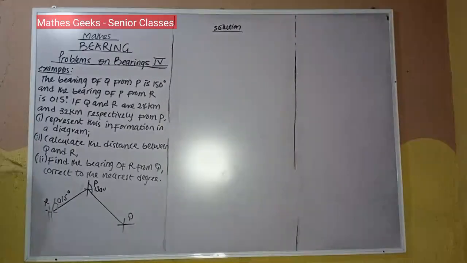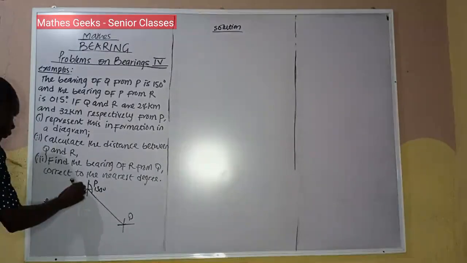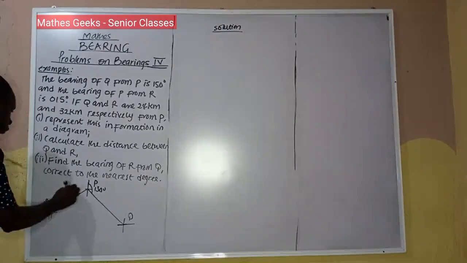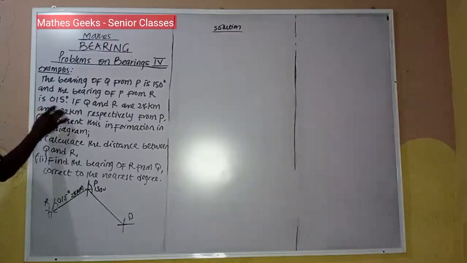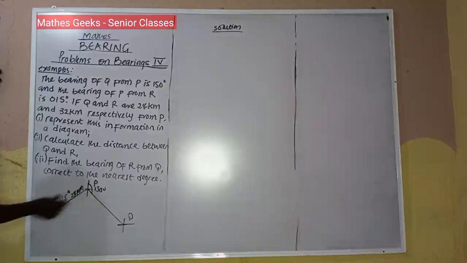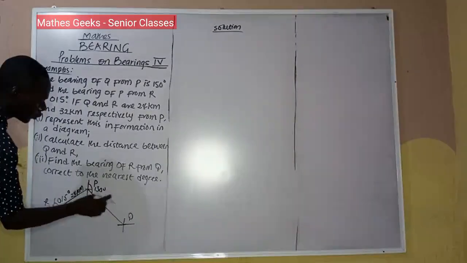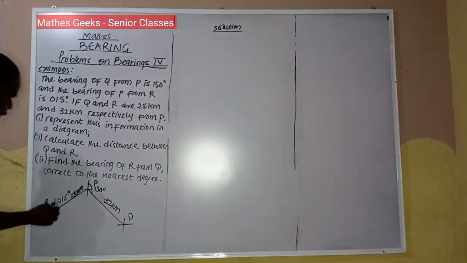This is point R. Now, if Q and R are 24 kilometers and 32 kilometers respectively from P, this is 24, this is 32. So we join this together.